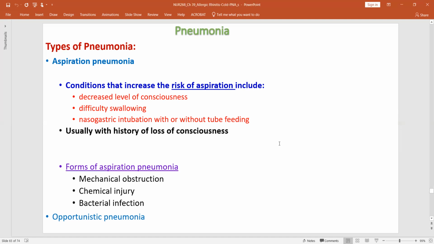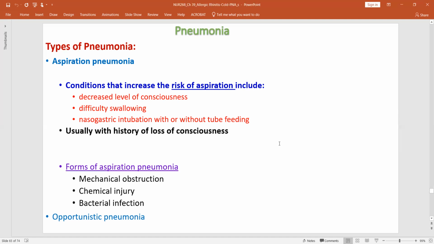When patients become unconscious, there is suppression of the gag reflex and the cough reflex. So the patient cannot swallow and cannot take care of these secretions. The gag and cough reflexes being suppressed due to unconsciousness is the key reason why patients develop aspiration and aspiration pneumonia. These are the forms of aspiration pneumonia.